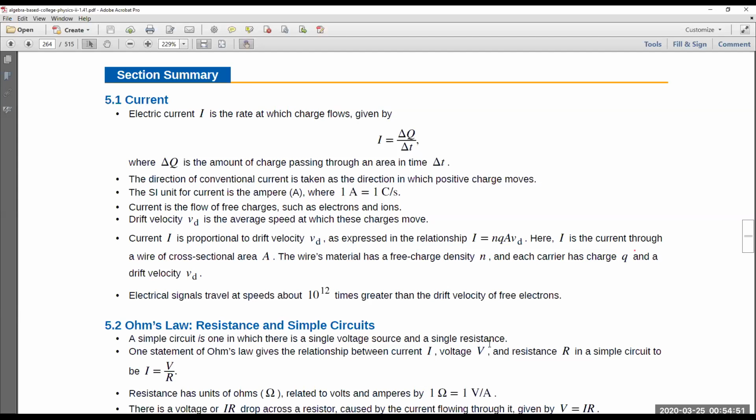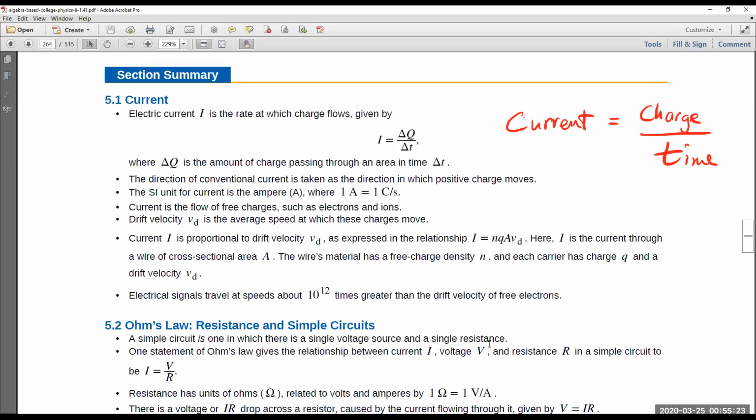So current equals charge divided by time. Delta Q here stands for charge, delta T stands for time. Now, the direction of conventional current is taken as the direction in which positive charge moves.